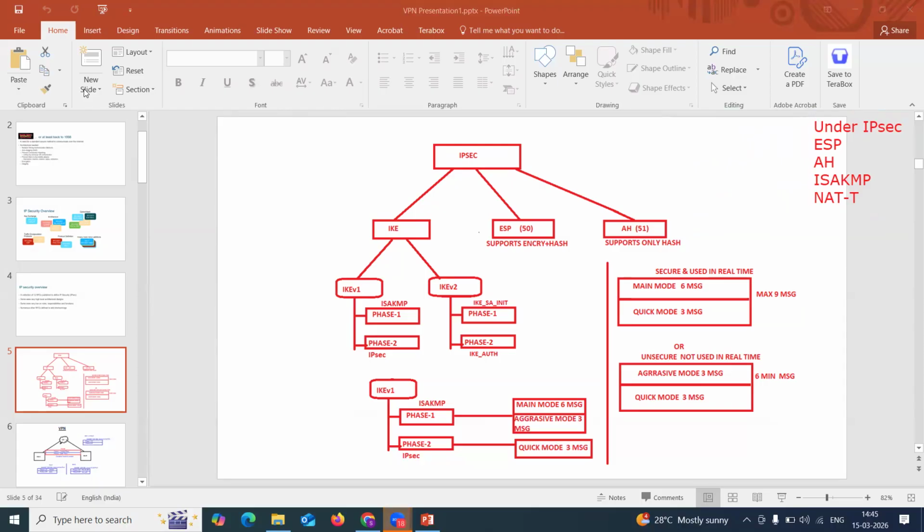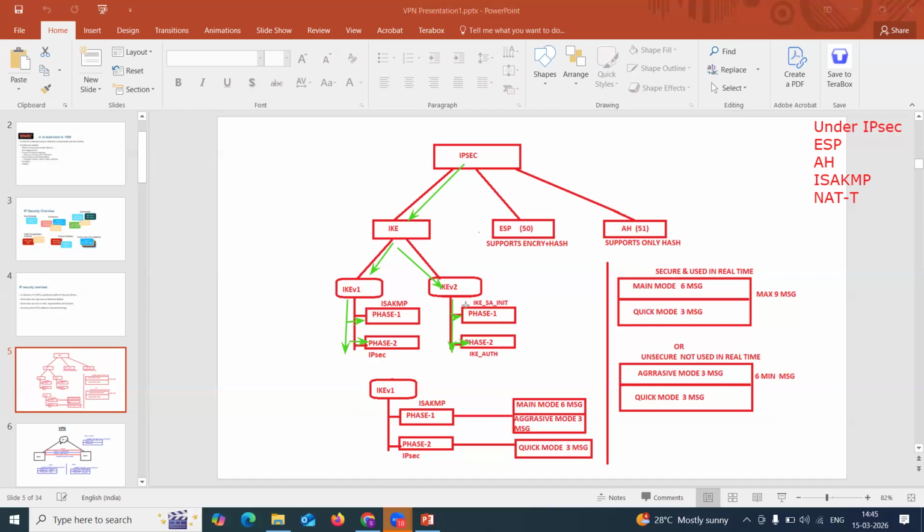Guys, now let's understand: IPsec has IKE. IKE has two versions. IKE v1 has two phases, phase 1 and phase 2. IKE v2 also has phase 1 and phase 2.